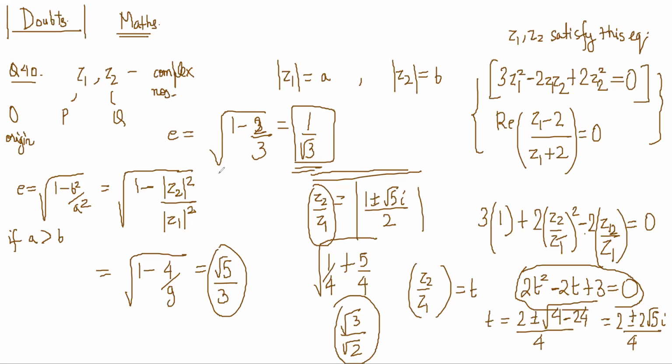Eccentricity. Yes, sir. So first of all, there is a slight misprint in question number 40. It should be Z2 square, not Z1 square, right? If the question seems wrong, then you should correct it yourself. Now you have solved enough maths questions to have some sense of what should be right. The question was saying that Z1 and Z2 are satisfying the relation and there is no Z2 in this last term. It seems wrong, right?